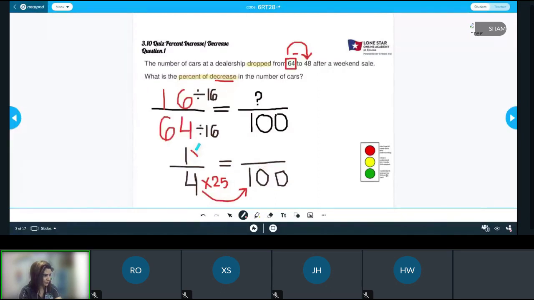Same we should do in the numerator, and you get the percent, 25%. So the answer to this question will be 25%. The number of cars decreased by 25%. This is how you should answer. Questions, concerns, let us know before we move on.